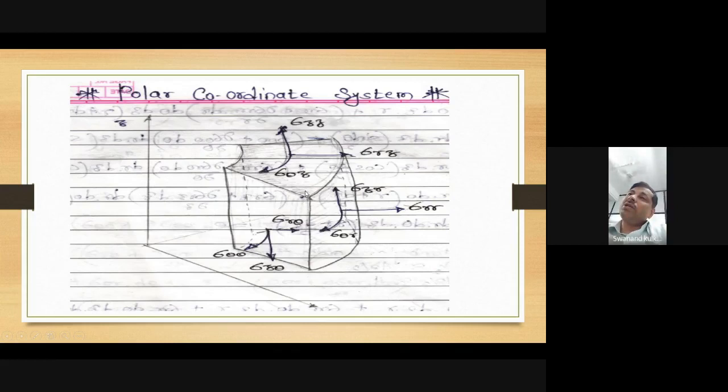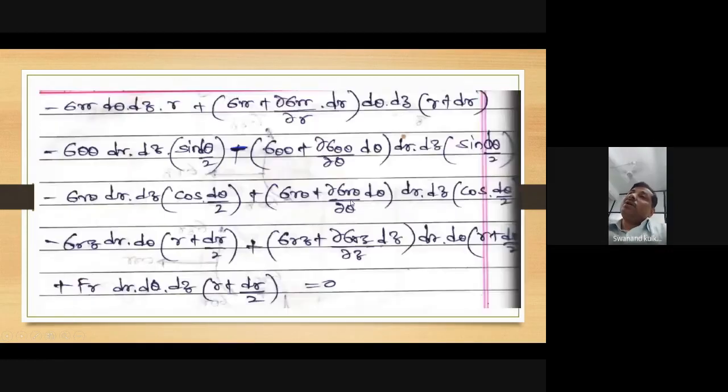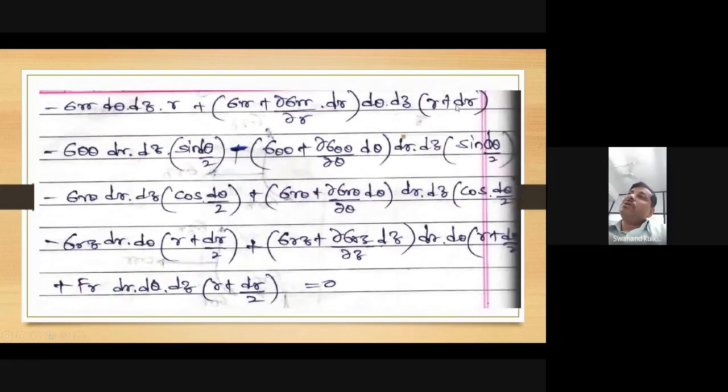So outside arc length into this height dz. By considering these two, we come to know that d theta, dz and r plus dr are required. R plus dr into d theta is the arc length, and dz is the height. So that's why this particular area of the surface is required to be taken into consideration.